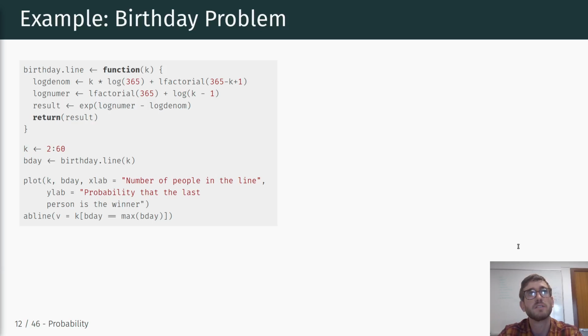Because the very large numerator and the very large denominator cancel each other out to some extent, the resulting number is a number between 0 and 1, and as soon as we take that exponent, we have a probability. That helps us avoid these really, really large numbers. And that's why, rather than factorial as the command to compute the factorials, we have lfactorial here. So that computes the logarithm of the factorial.